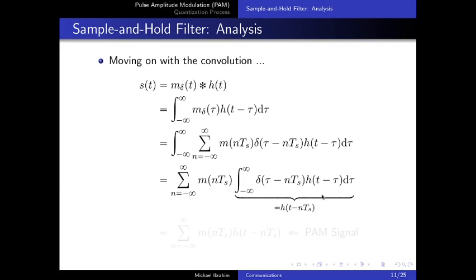So the integration value would be the value of this function with tau replaced with nTs. So it's h of t minus nTs. So it's basically the summation from minus infinity to positive infinity of m of nTs times h of t minus nTs, which is the very definition of the PAM signal we have just seen. So now we can understand that the PAM signal is basically a convolution between the instantaneously sampled version of the signal, m delta of t, with the pulse shape h of t.